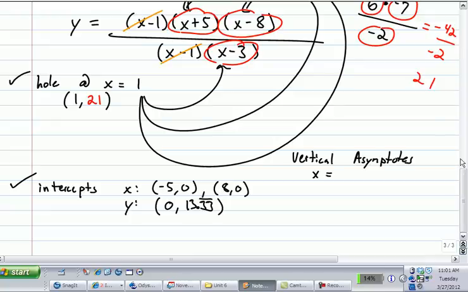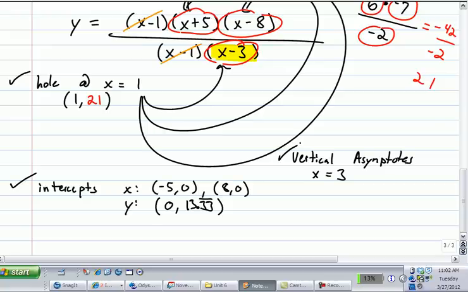If you go back to your notes, what do you have for vertical asymptote? It's zeros of the denominator. So look at the denominator. In the denominator, you have x minus 3. So what makes x minus 3 zero? 3. Yep, that will be the vertical asymptote.